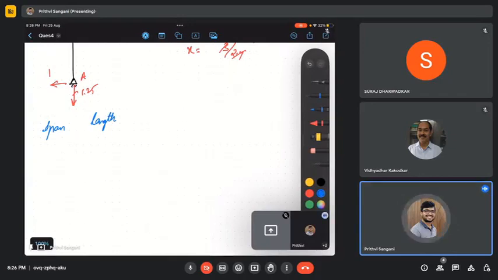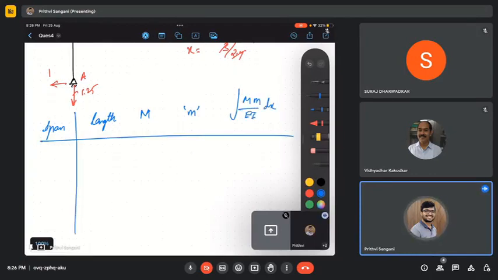We have capital M, that is the moment because of the external loads, the real loads, and the small m, the moment in the span because of the unit virtual load, integral of M m by EI dx.